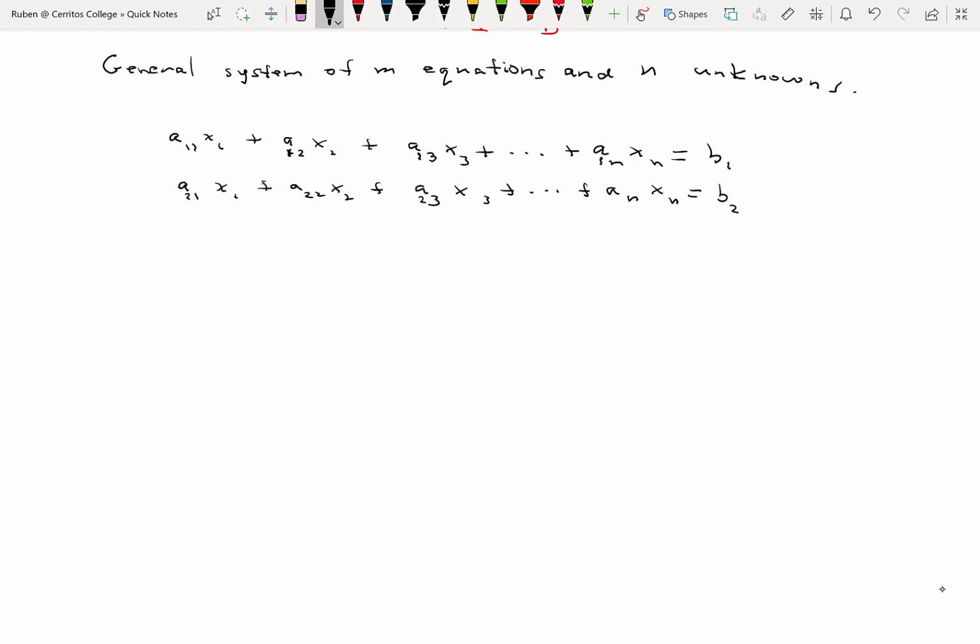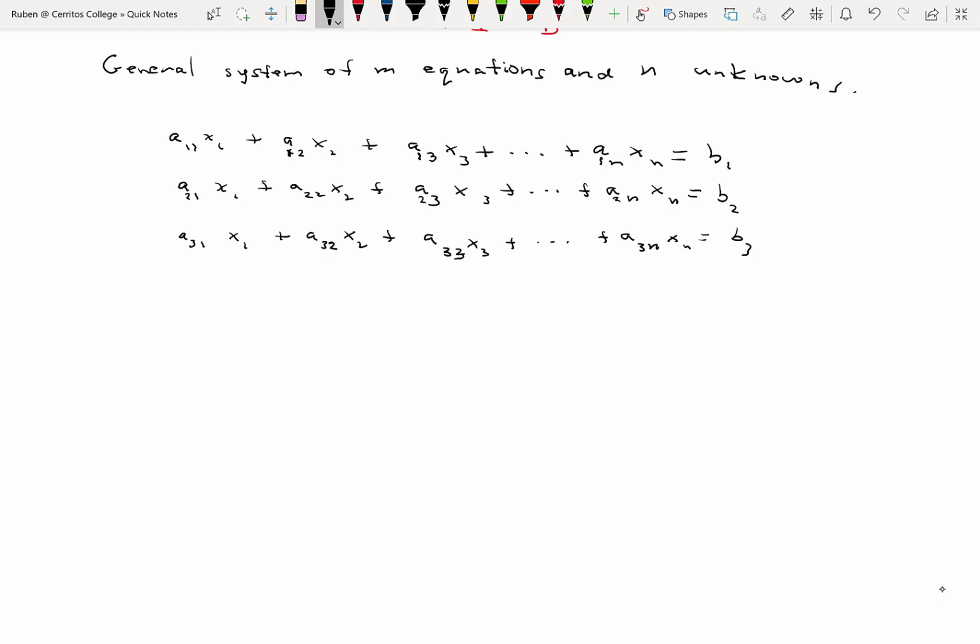What's going to be the coefficient of the last variable, xn? Well, it's still the second equation, so it's a2n xn equals b2. So the third equation will look like a31 x1 plus a32 x2 plus a33 x3 plus ... all the way up to a3n xn equals b3.